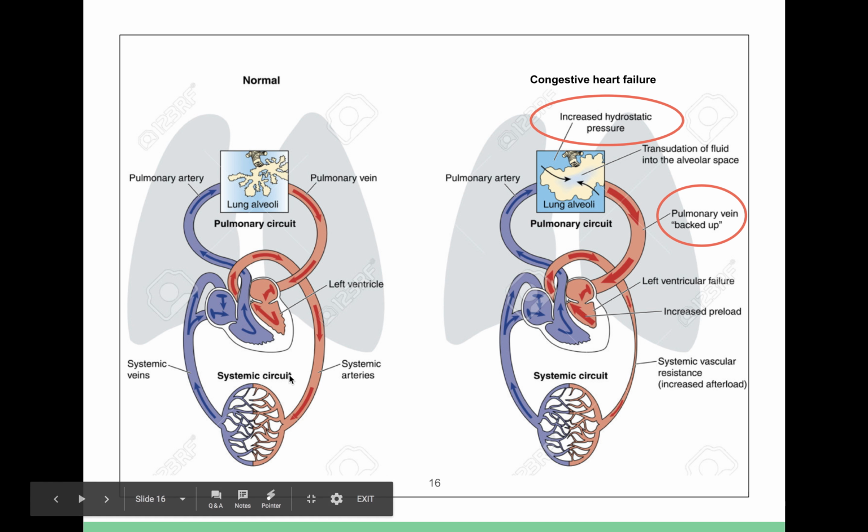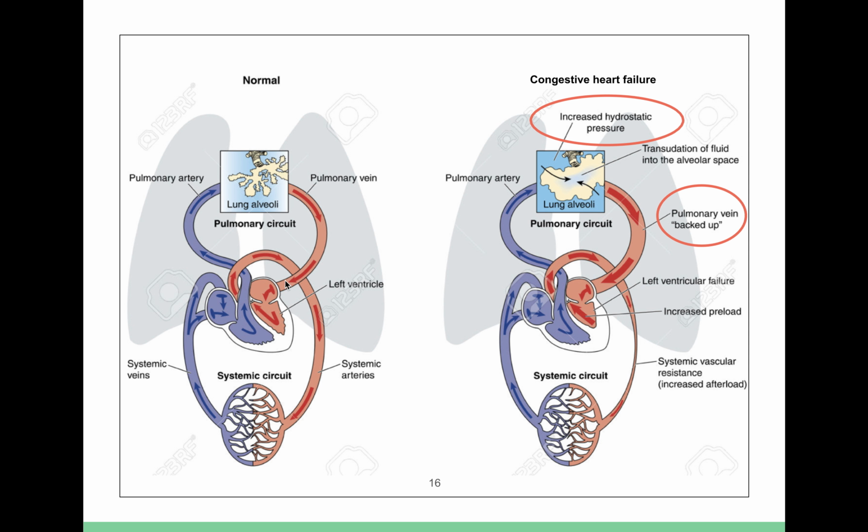So this is what should normally be happening in our system, where the left ventricle gets blood in through the pulmonary veins, and then it pumps blood out into the systemic circulation using the arteries, so the aorta, for example.